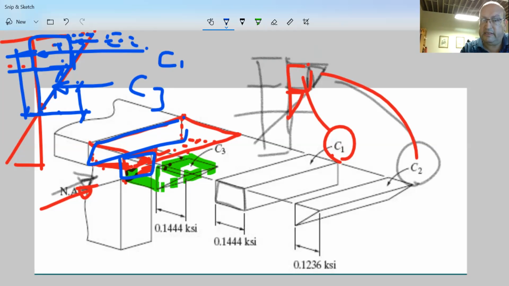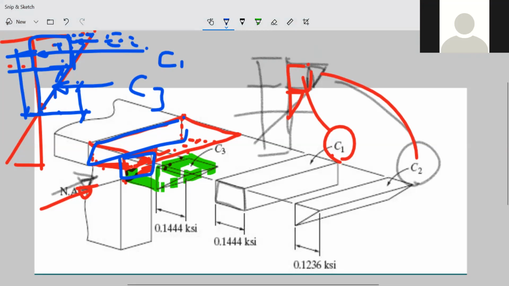Should I redraw this differently and talk about it, or what do you guys think? Yeah, can you redraw it? Okay, give me a sec.